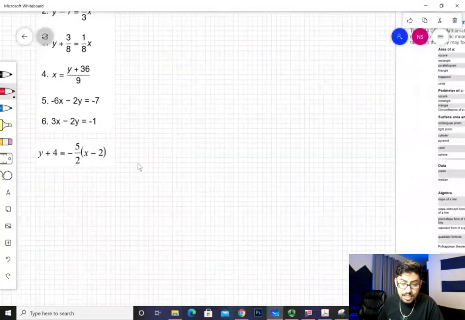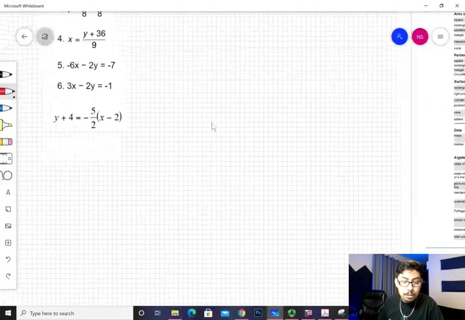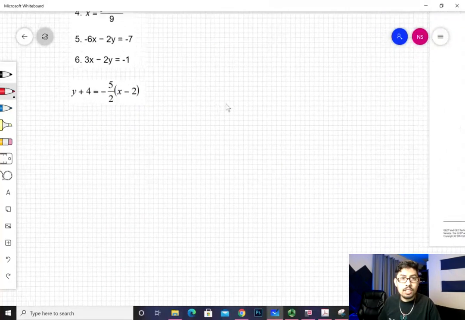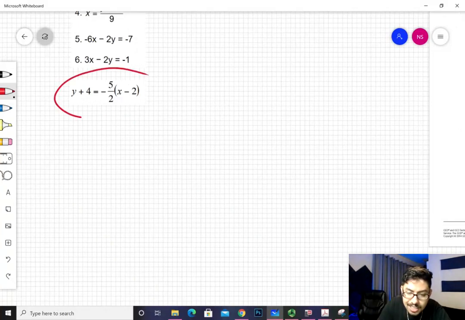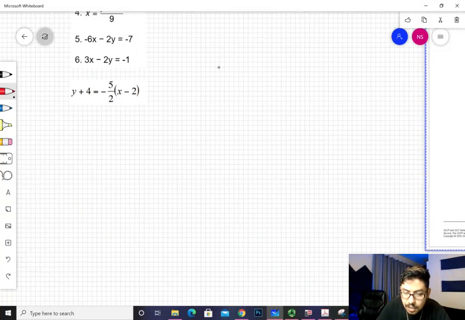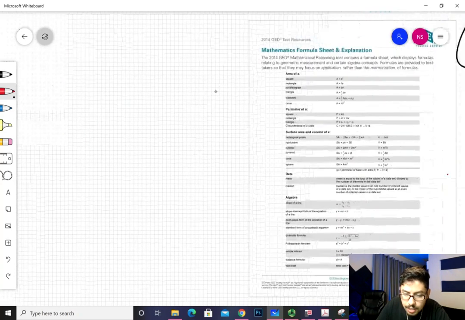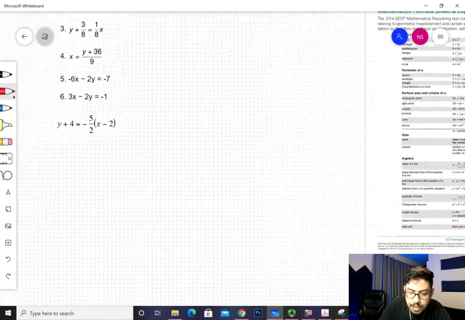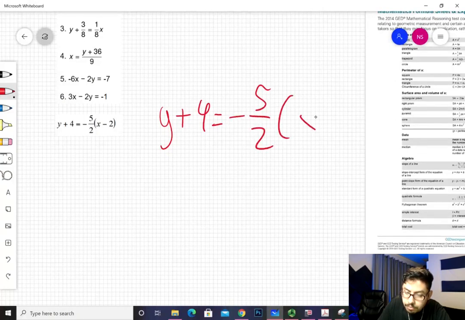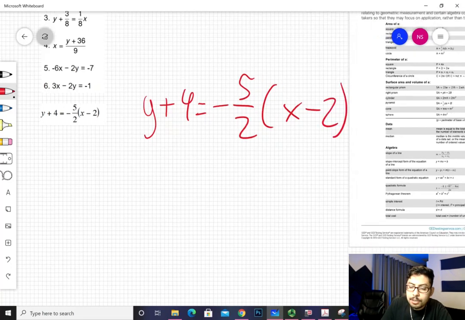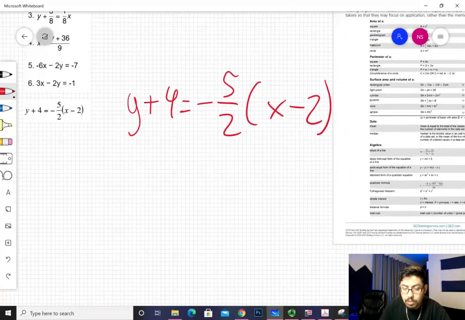Just convert it into y equals mx plus b, into the slope-intercept form, because it's a lot easier on your eyes, trust me. So let's practice morphing point slope form linear equations into slope-intercept form.